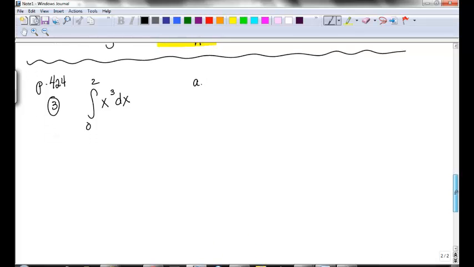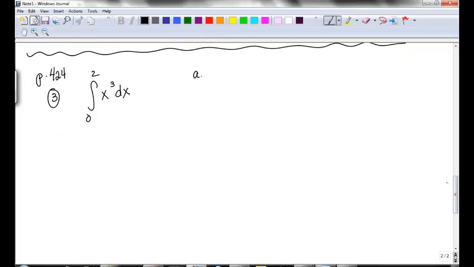But first you want to get a good picture. So let's look. If we graph x cubed, you guys know what a cubic is going to look like. I'm going to do zoom 4, zoom decimal. Oops, I don't have my axis on. And we're going to go from 0 to 2.